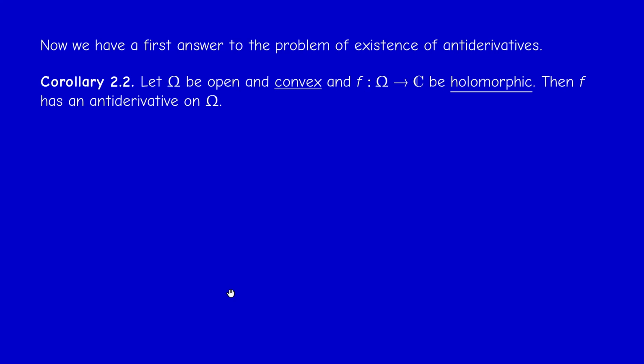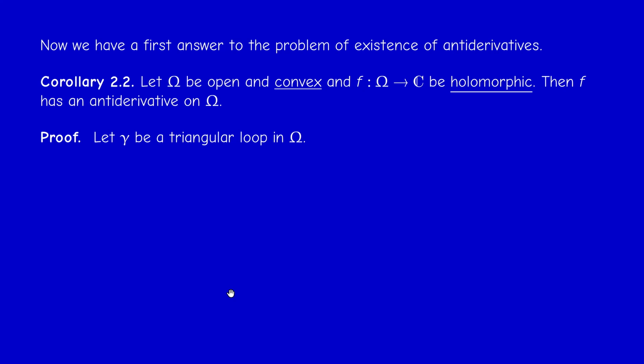Why is this true? Because we apply theorem 2.2, which tells me that when omega is convex, there is an equivalence between the existence of an antiderivative of f and the fact that the integral over any triangular loop is 0.